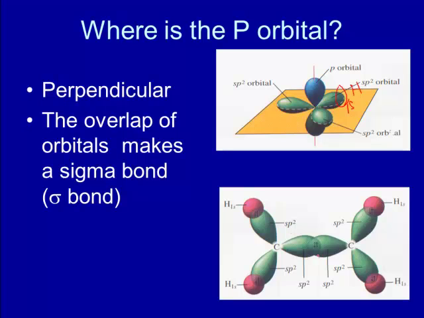Okay, so you form a sigma bond first. There will be the sp2 overlap, and now you can actually have the 1s-sp2, 1s-sp2, and 4 of them linked with the sp2 hybridized orbitals. Okay, and you can actually calculate the bonding angle between those. So it should be 120.